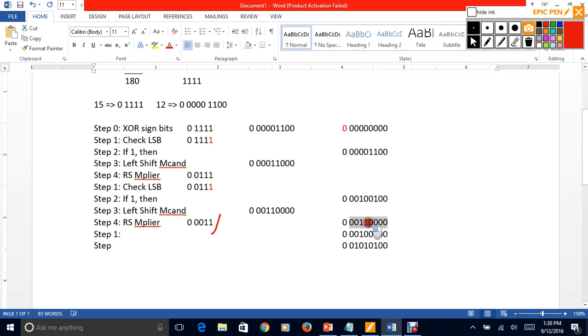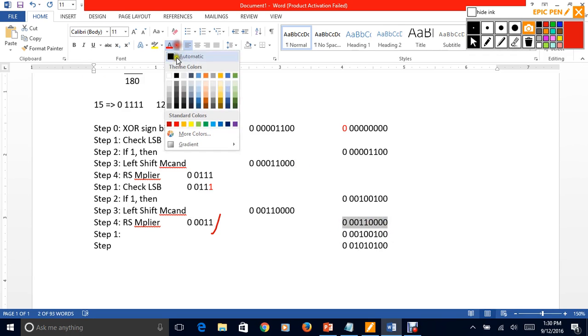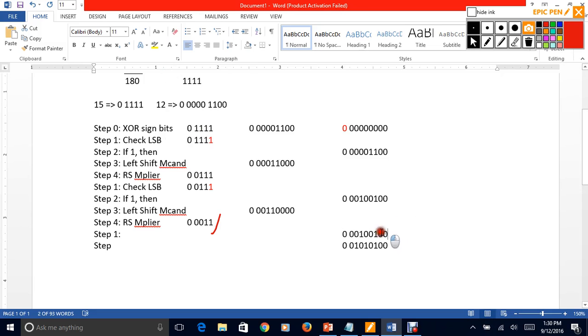And then this can become white there. See how it's working? And then we do our same thing. We're going to do step 3. We're going to left shift our multiplicand, so that becomes 0, 0, 1, 1, and then the rest zeros, right? And then step 4, we're going to right shift our multiplier, 0, 0, 0, 0, 1.